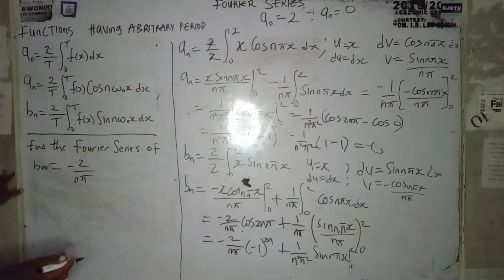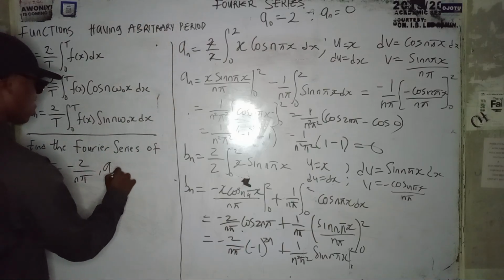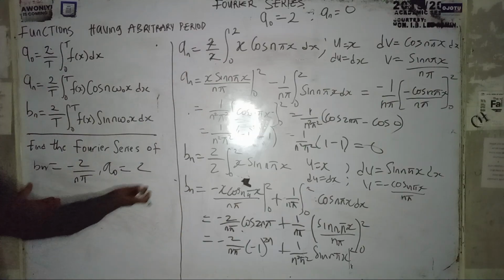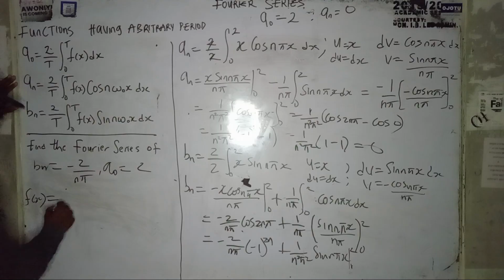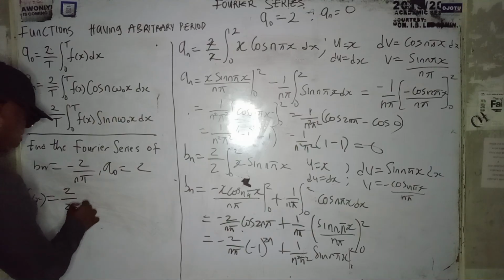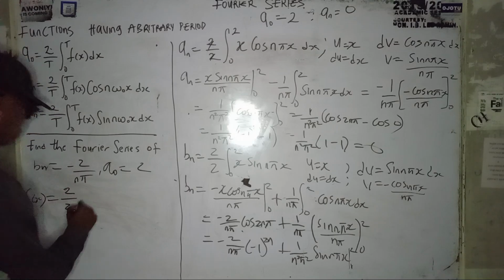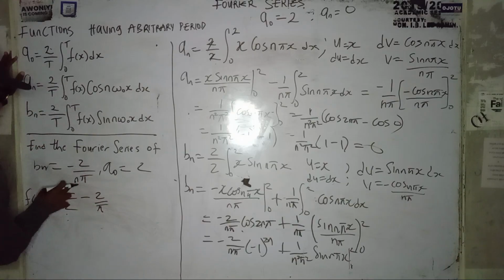So therefore, our final answer, we have our a naught is equal to 2, and our an is equal to 0. So this is what we are going to use. And our final answer, f of x will be equal to a naught over 2, that is 2 over 2, and we also have, since the sign here is minus, minus 2 over pi, which is the ones that are apart from n.